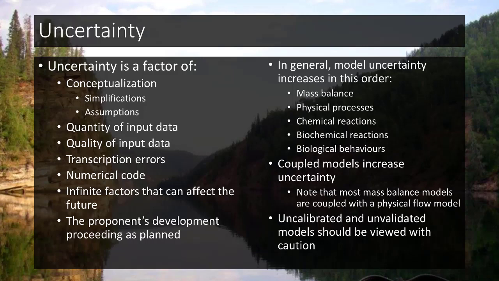So the biggest source of uncertainty is almost certainly going to be the conceptualization. So you've done a conceptual model, you're going to base your assessment on that, you're going to base your model on that, but you've left out a key piece of that concept. Maybe it's some process that happens with chemicals, maybe it's some input to the system that you've neglected to consider.